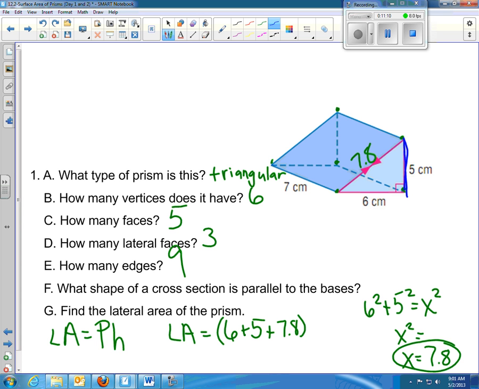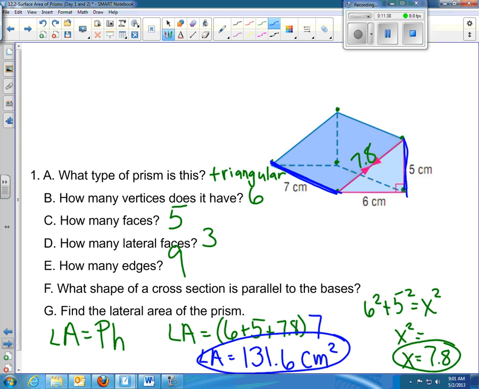The height of the prism needs to be perpendicular to the base. So I always like to remember it as the number not included in my base. So my height is going to be 7. Go ahead and do that on your calculator. And we end up with 131.6. We're going to give ourselves a label of centimeters squared.